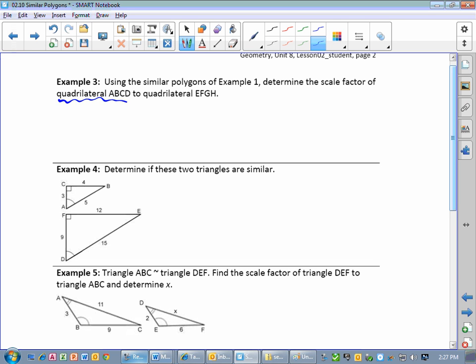It's ABCD to EFGH. So instead of 22 to 11, it'll be 11 to 22. Now what is 11 over 22? What does that reduce to? Use your calculators. You get a half. And so the scale factor of quadrilateral ABCD to quadrilateral EFGH, I call it SF, is a half.